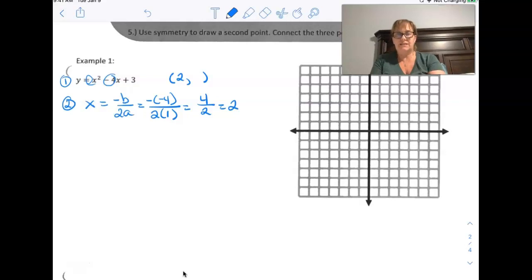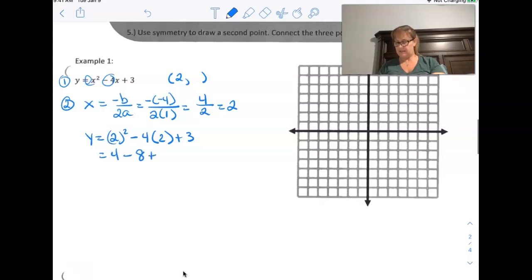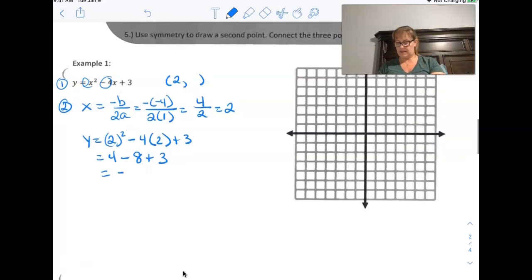So we know one of the coordinates for our vertex. Now we take this x value and we plug it back into our original quadratic equation to find our y. So y equals x squared, which is 2 squared, minus 4 times x, our x is 2, plus 3. 2 squared is a 4, minus 4 times 2 is 8, plus 3. 4 minus 8 is a negative 4, plus 3, negative 1.